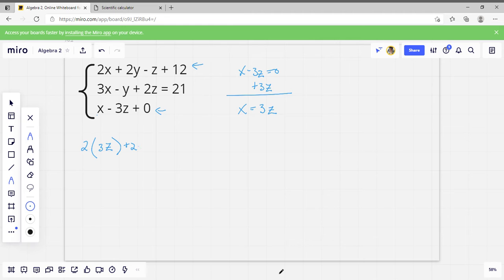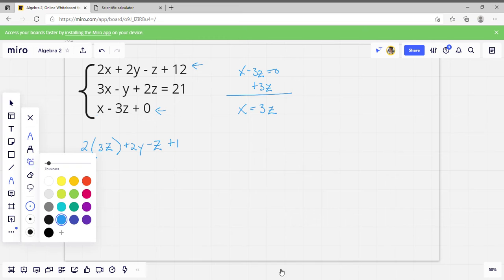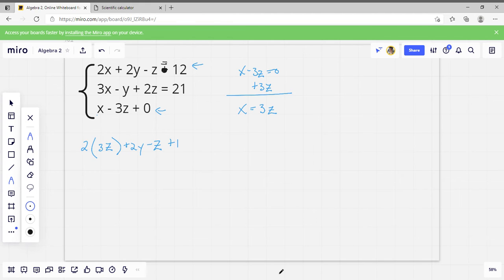plus 2y minus z, oops, I did that again. I got another typo. That's supposed to be equals 12. Sorry about that, I'm typing fast. Minus z equals 12.